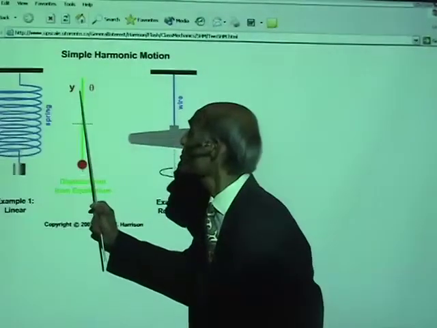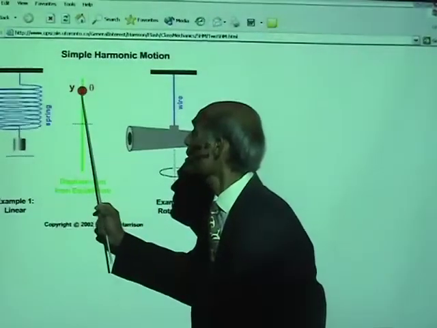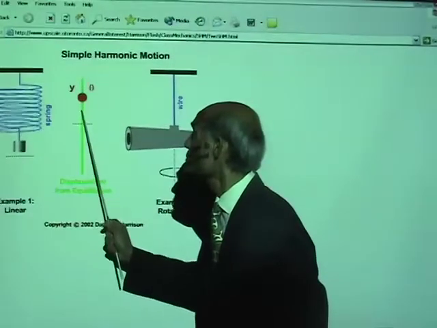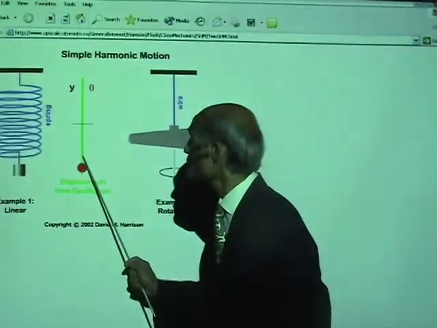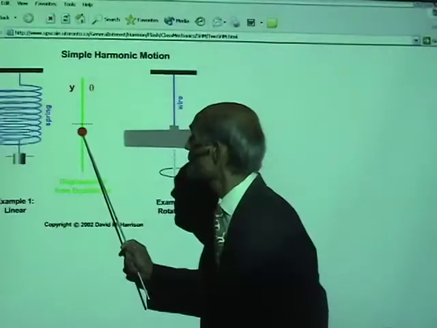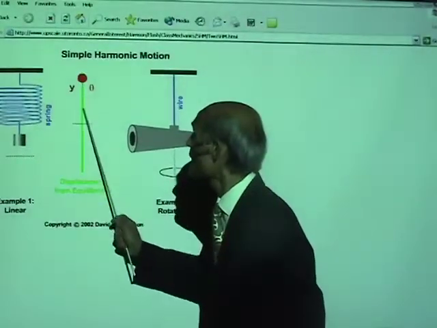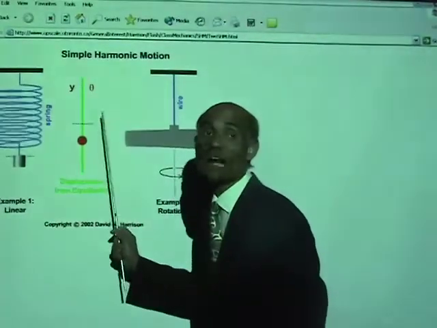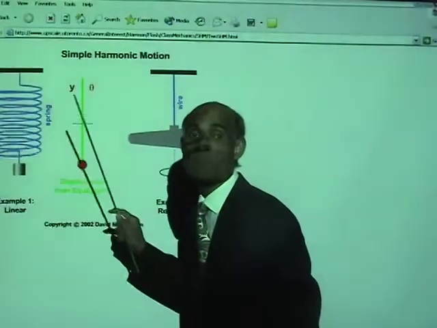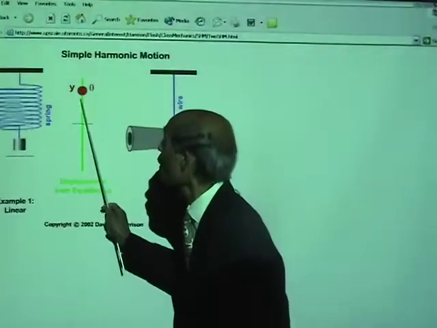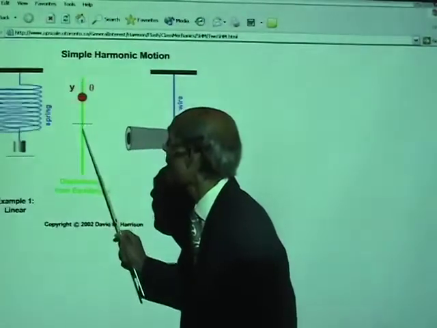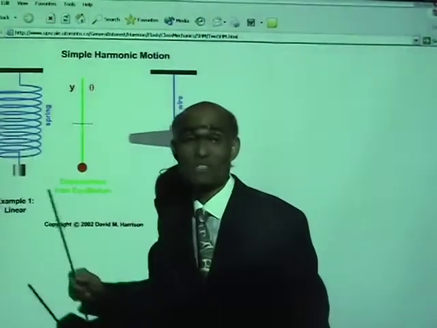Y increases to a maximum, decreases to 0, decreases to a negative minimum, back to 0, and so on. And we are going to obtain a mathematical equation for the change in this y as a function of time.